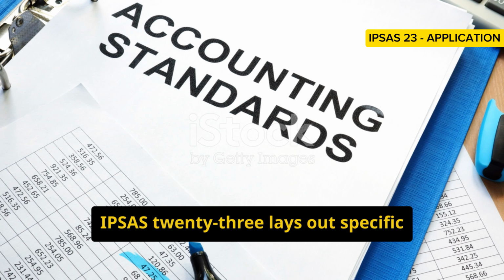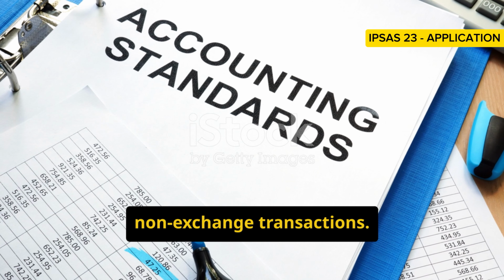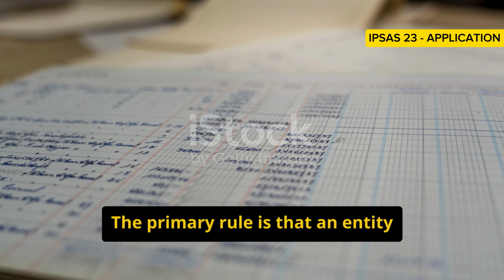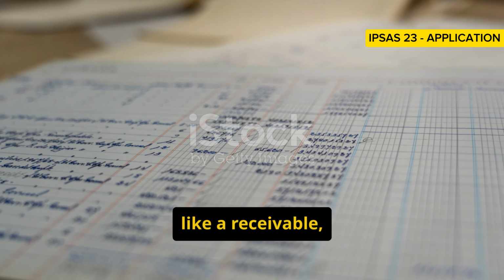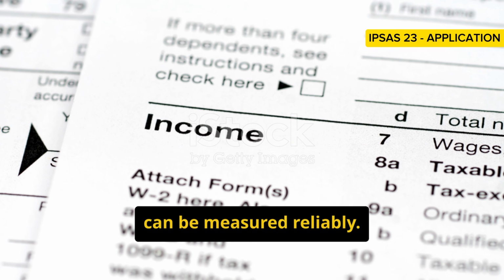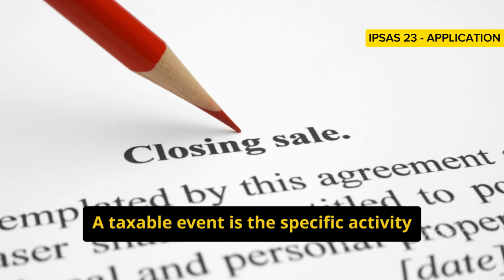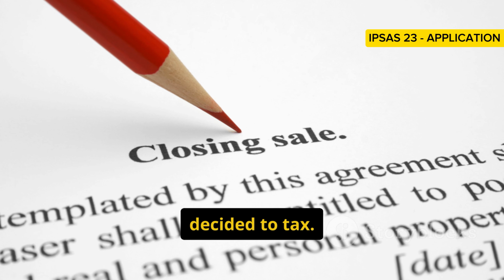IPSAS 23 lays out specific criteria for recognizing revenue from non-exchange transactions. The primary rule is that an entity recognizes an asset, like a receivable, when a taxable event occurs and the asset can be measured reliably. A taxable event is the specific activity or circumstance that the government has decided to tax.